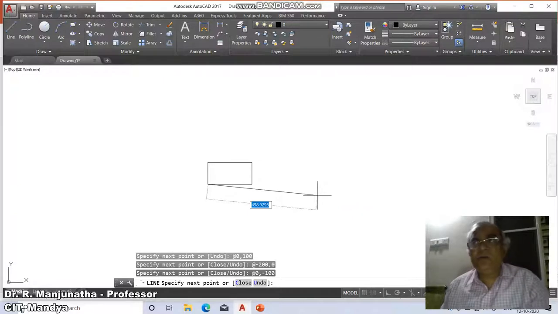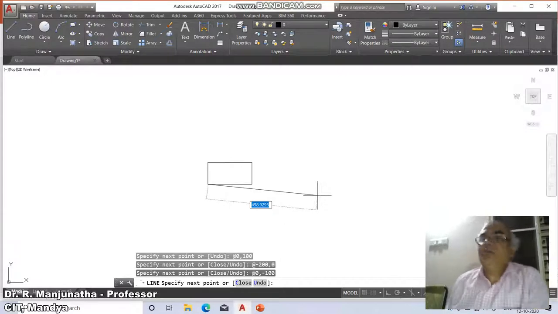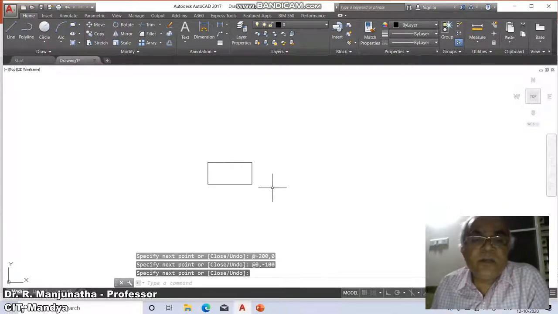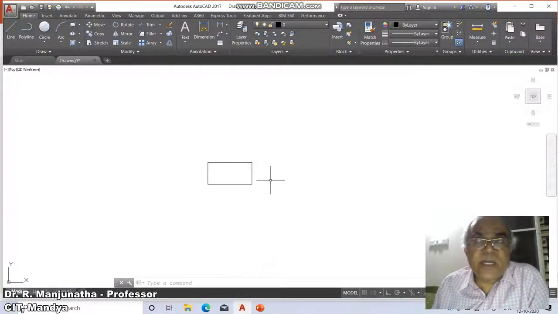Then enter. So it will close the sketch, but still it is asking you to specify next point or undo. So now we give a null return so that you will get the complete rectangle. So this is how you will be able to create a rectangle by using the relative coordinate system. The relative means the position of the new point with reference to the previous point.